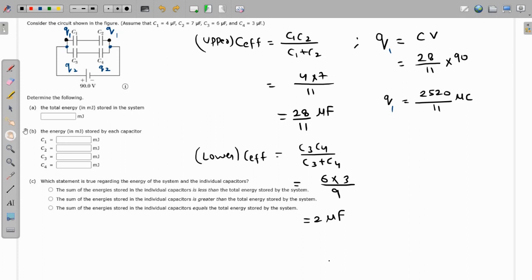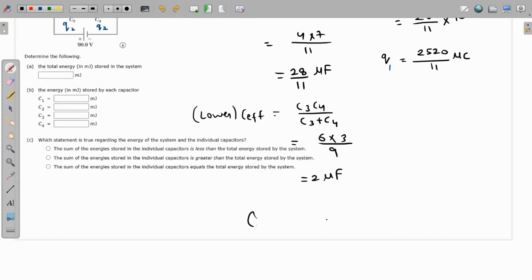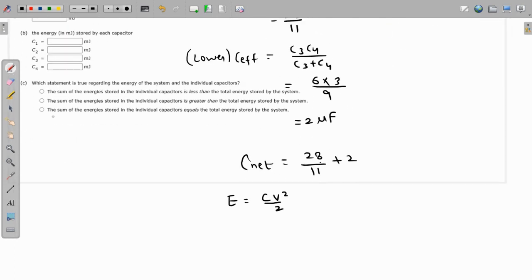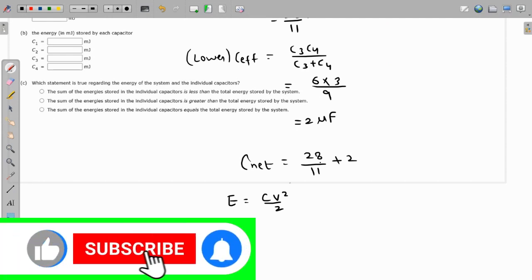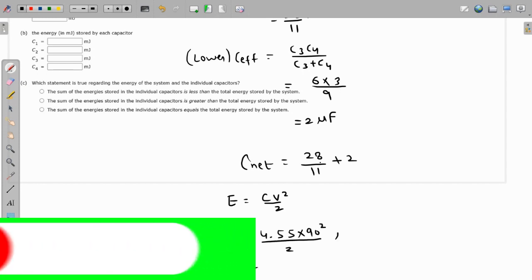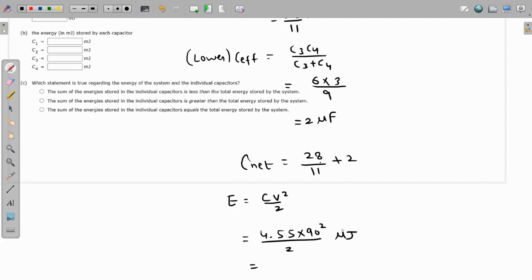And these two in turn are in parallel, right? So the net capacitance is going to be the addition of both, 28 over 11 plus 2. So the energy is going to be CV square over 2. We know C is 28 over 11 plus 2, so that's 4.55 times 90 square over 2.